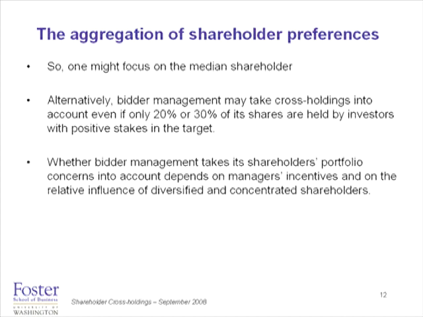You can think of weighting schemes where once you get to 20 or 30% of the shares, they might be loud enough that the managers pay some attention. As we talked about, whether they take this into account depends on exactly what's in their utility function and whether these shareholders with the cross holdings can make themselves influential.